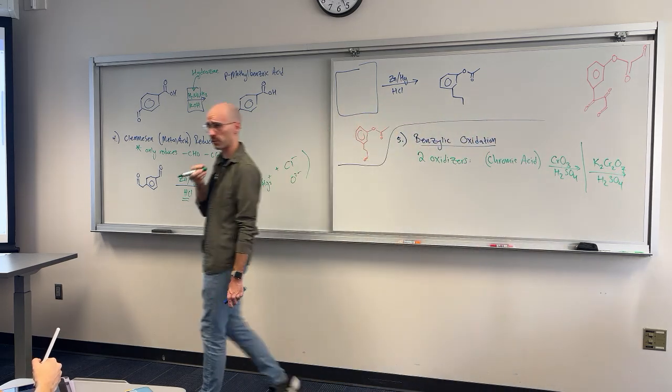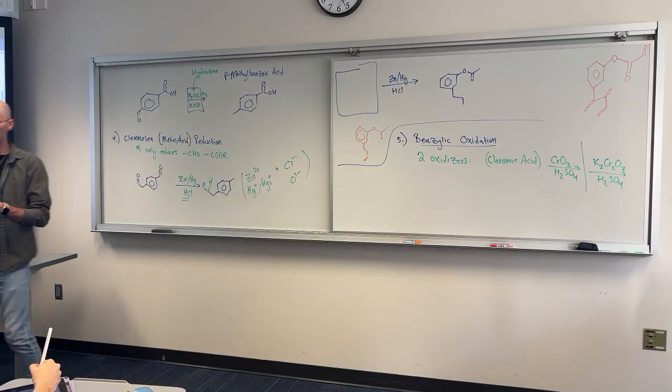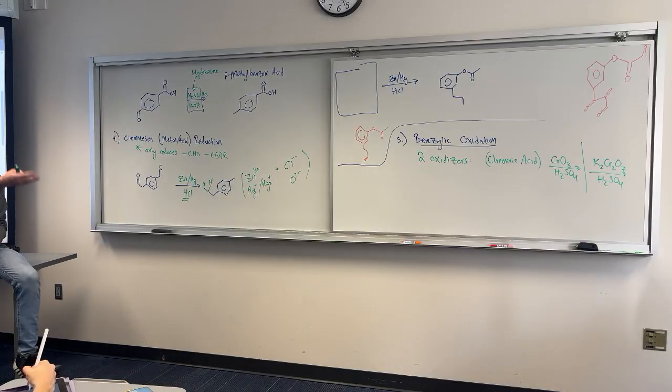If you don't want to hold on to chromium trioxide, you can get a hold of its salt, potassium dichromate, where they've been oxidized further. As you can see, there's more oxygens. And they've dimerized, 2 chromiums in that structure.